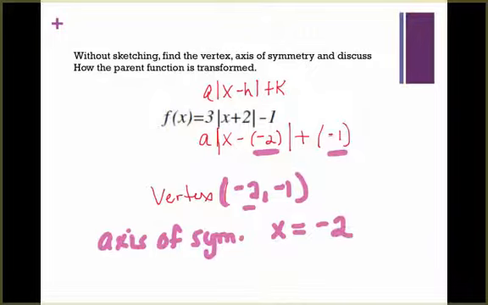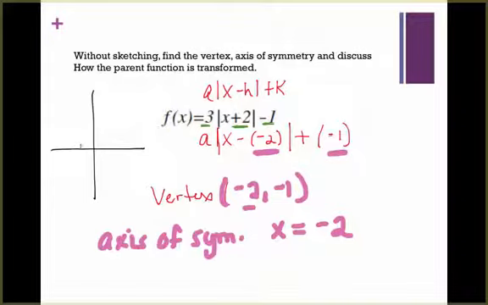So if I think about the graph, then we can discuss what we've done to it actually as we're graphing it. Our graph, let's get our axis on here, is just going to look like our absolute value graph that's been shifted to the left 2, down 1, and then that factor of 3 will stretch it.